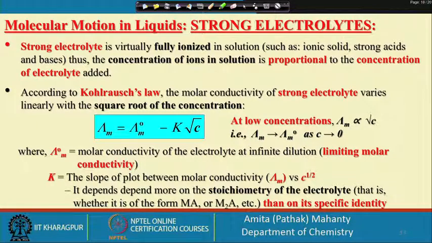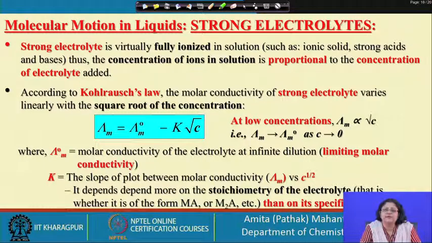If you look at this expression closely, you will see that as we go to more and more dilute solution and the concentration approaches 0, the molar conductance will tend towards the molar conductance at infinite dilution.